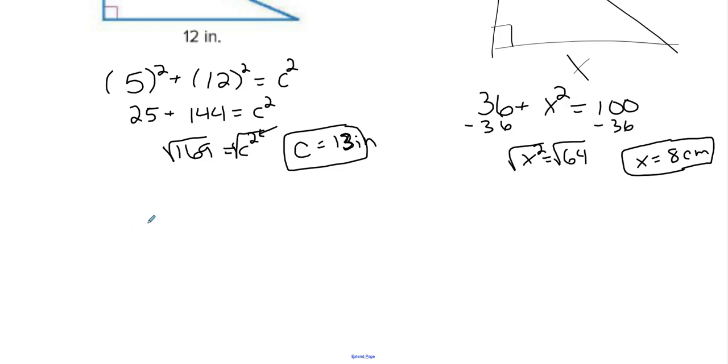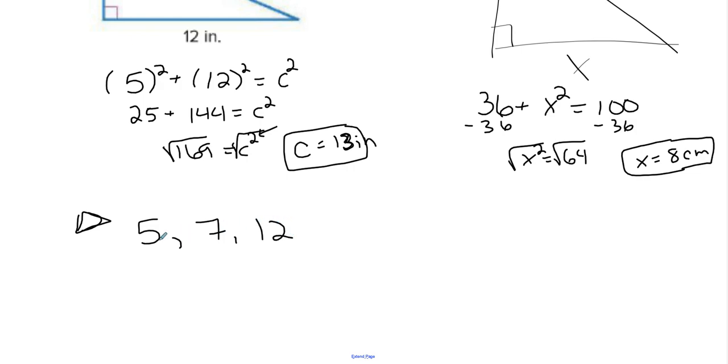So let's say we're given something where we have a 5 and a 7 and a 12. Let's say we have a triangle with side lengths, that's kind of a fat triangle there, side lengths 5, 7, and 12. Prove that this is or is not a right triangle.